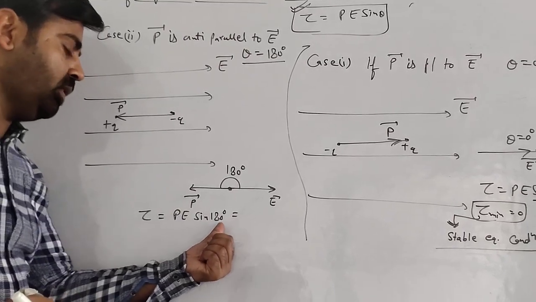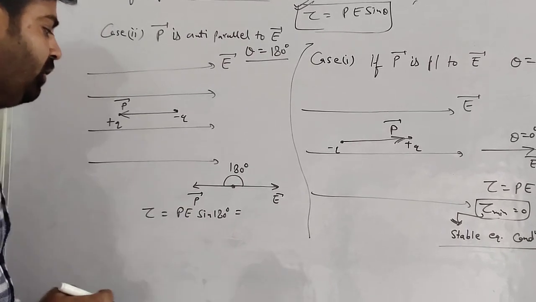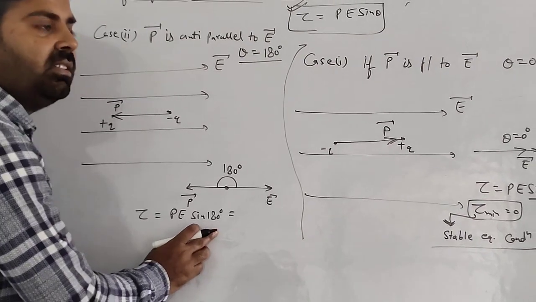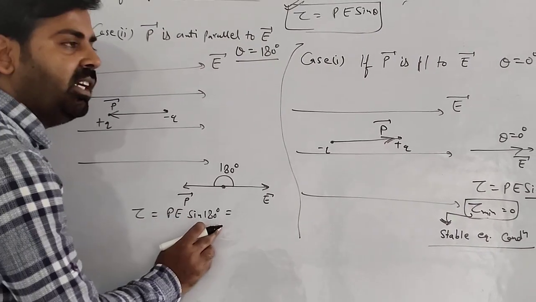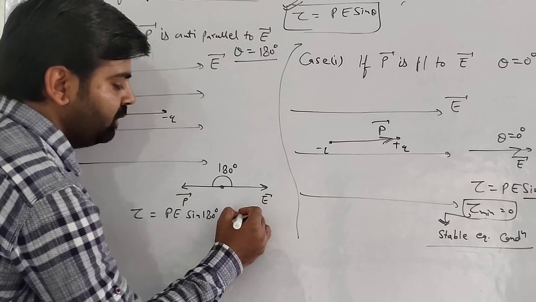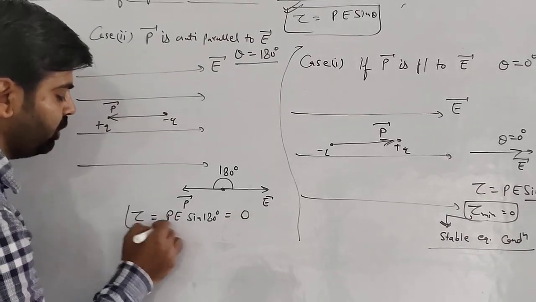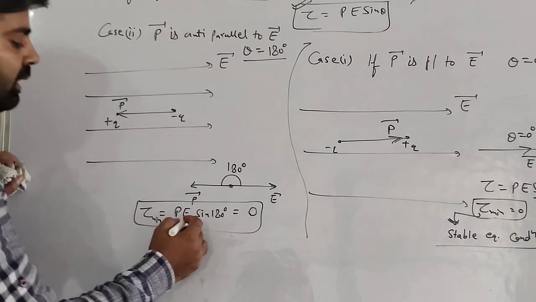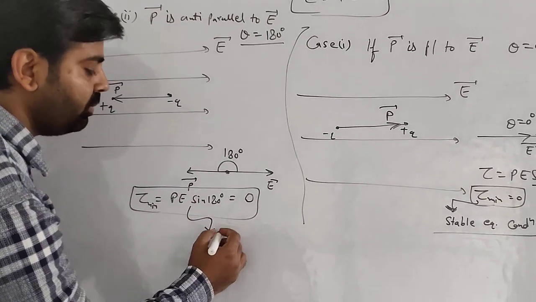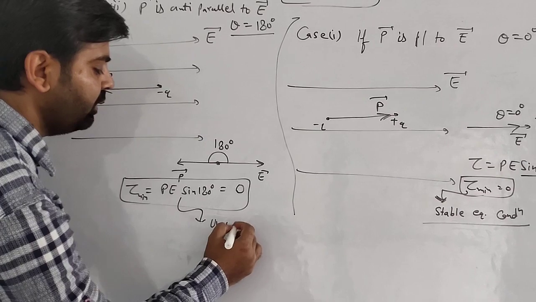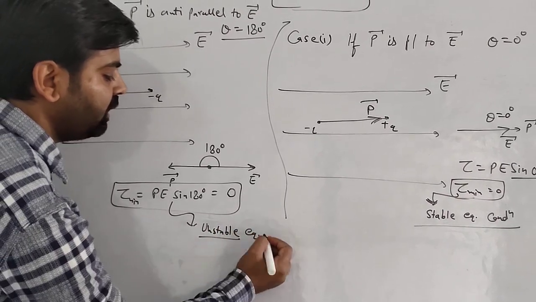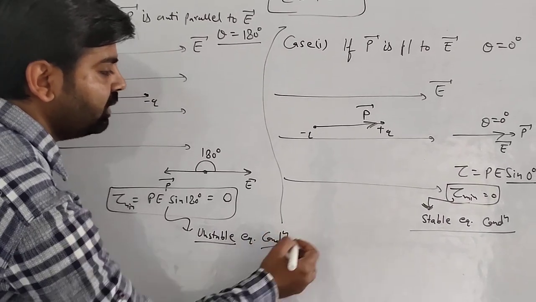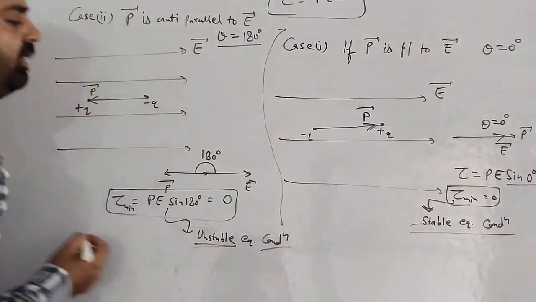So sine 180 value is 0. So tau is equal to 0, and this is also the minimum value. And this is called unstable equilibrium condition.